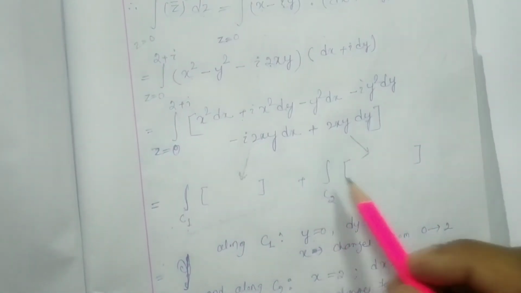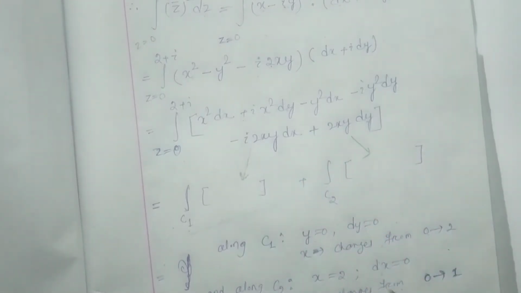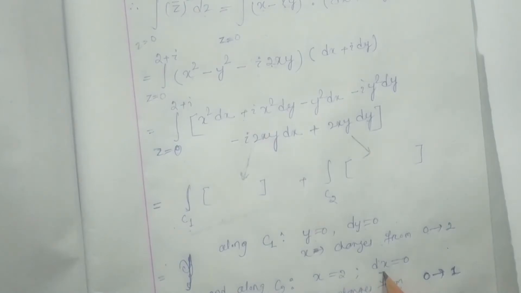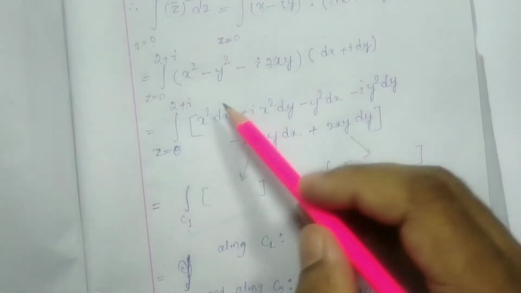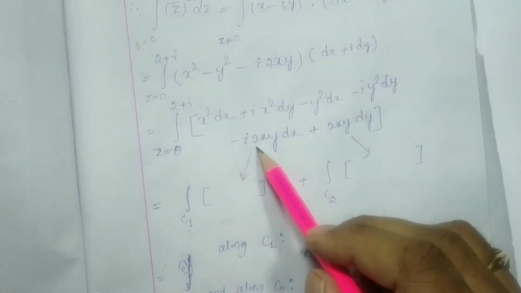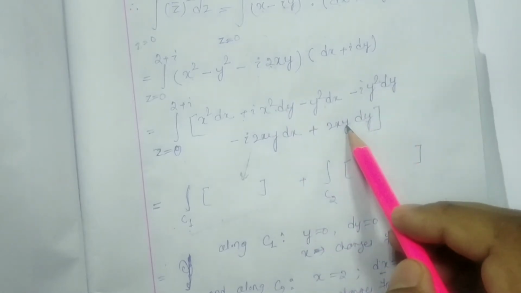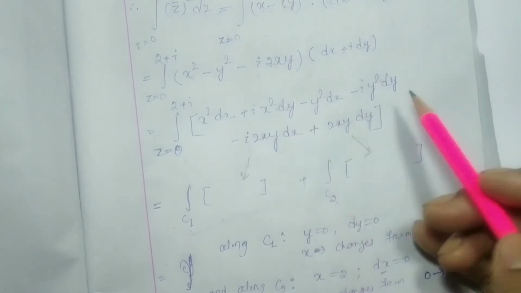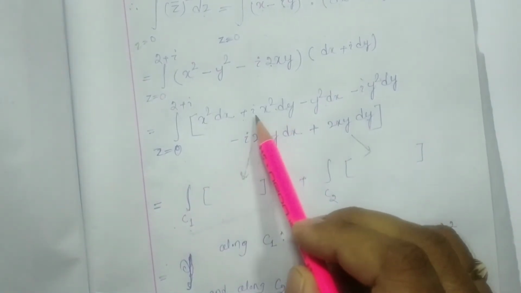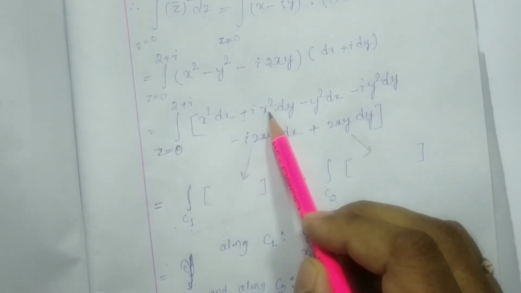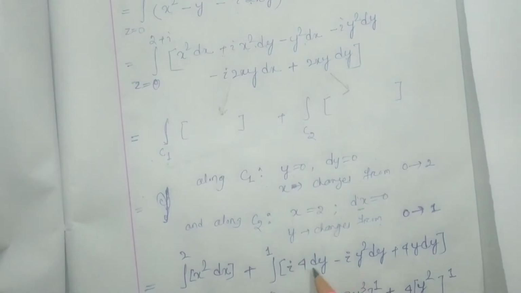We have to consider carefully. You can see that along C2, dx equals 0, so the dx terms are going to be cancelled, and in the other three terms we have to put x equal to 2. First, with x equal to 2, x square is 4, so it is i 4 dy.